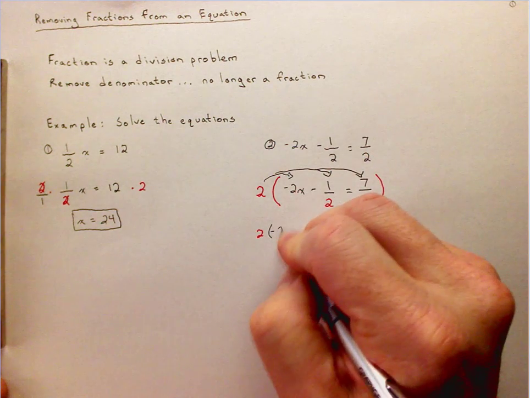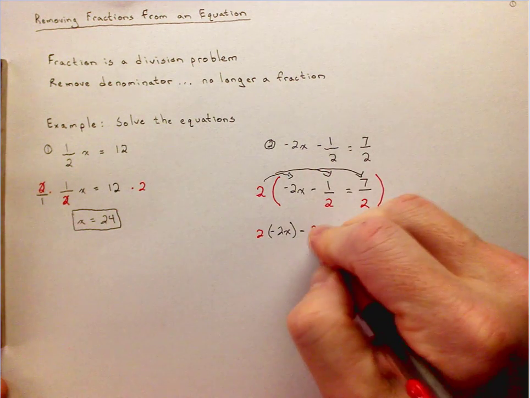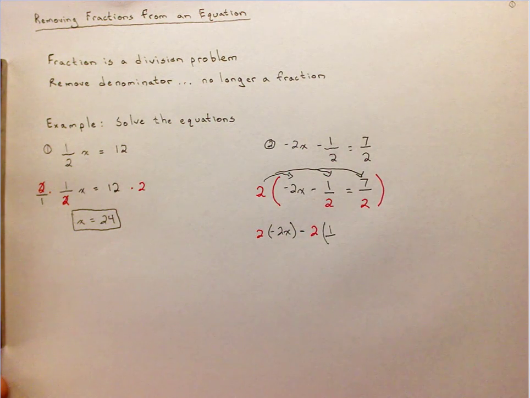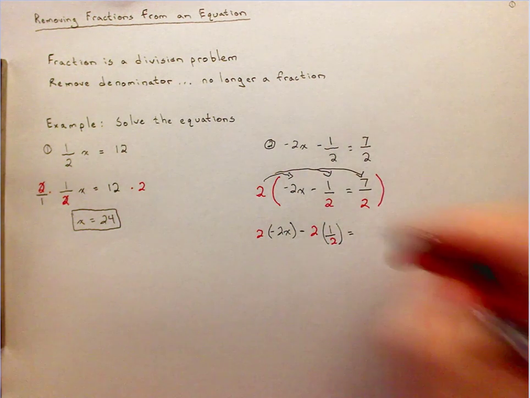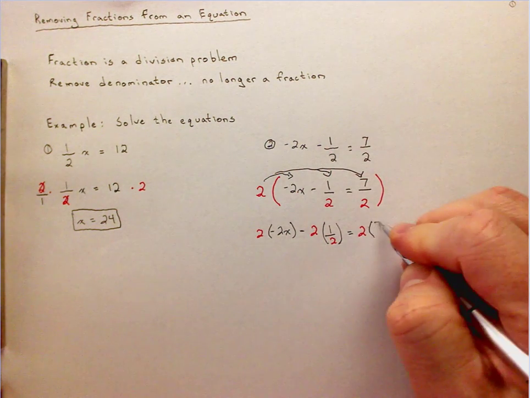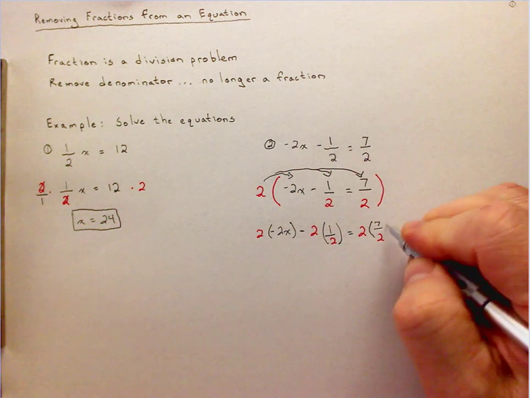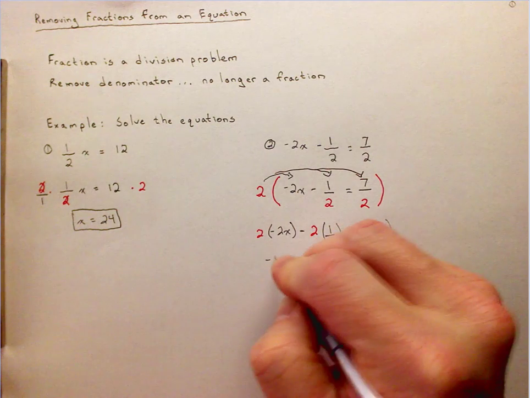Distributive property. 2 times the negative 2x, minus 2 times one half, equals 2 times 7/2. 2 times a negative 2x will give me a negative 4x.